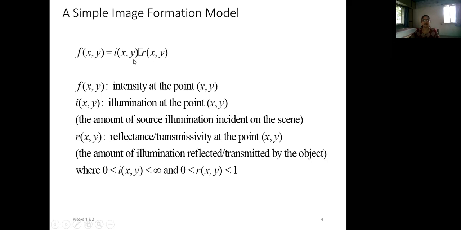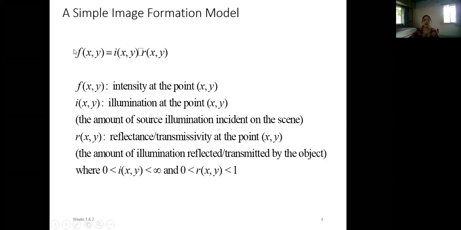So i(x,y) is nothing but illumination at point (x,y), and r(x,y) is reflectance or transmittivity at the point (x,y). So this is the amount of illumination or amount of energy reflected from the object. So any image point f(x,y) is represented as the product of the two components, illumination and reflectance.